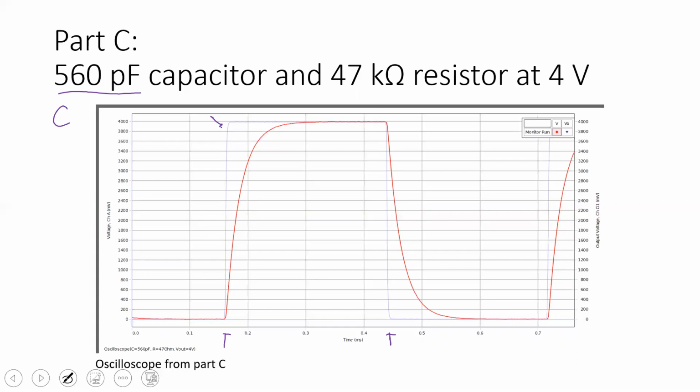I had to switch that frequency because it actually takes a little longer for the capacitor to reach that max charge because it's a smaller capacitor. If we were at the frequency that we had in part A and B, you don't reach that maximum value and you don't reach 0, which is a really interesting oscilloscope to see, but it's an extra complication that you don't need to be dealing with right now.